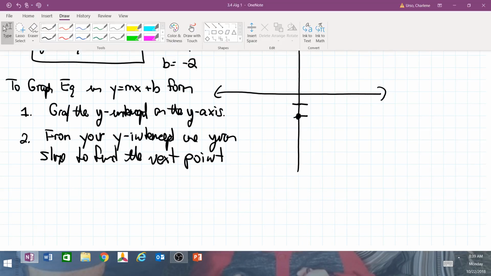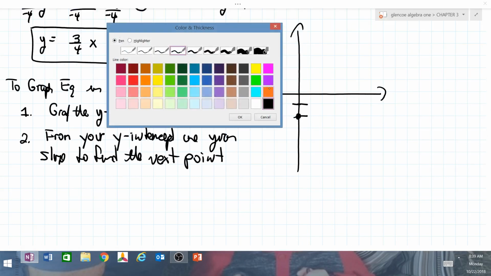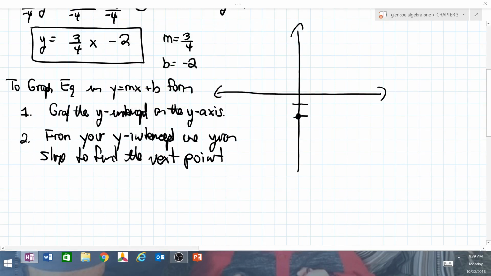If m is positive, the top number tells you to go up.